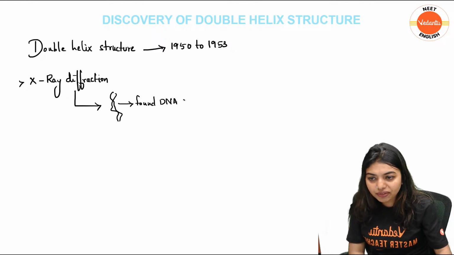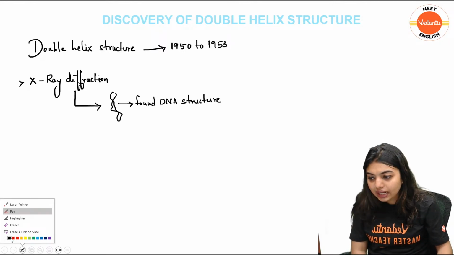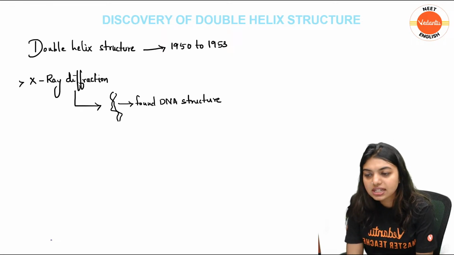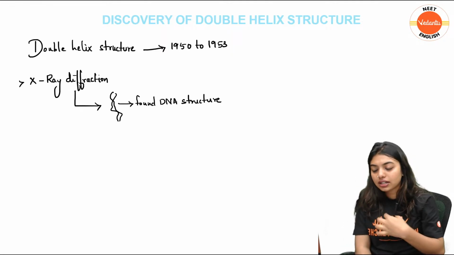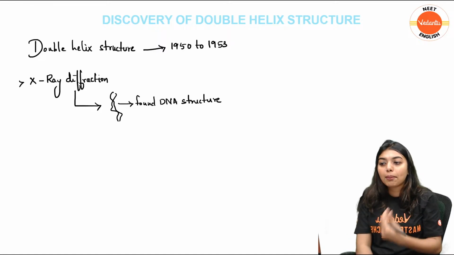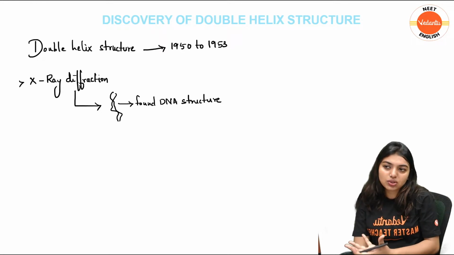So students, to be frank, Rosalind Franklin was the first person to find it, but very sad that she did not get recognized for her work. Franklin was the first person to do X-ray diffraction to find out the double helical structure, but somehow Watson, Crick and Wilkins got the recognition, and Rosalind Franklin did not.